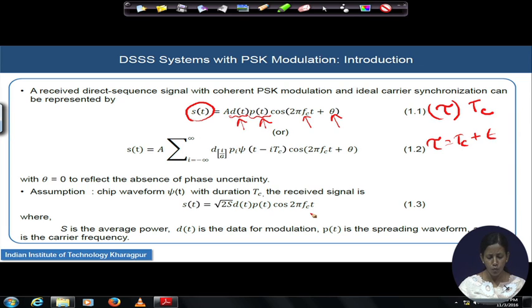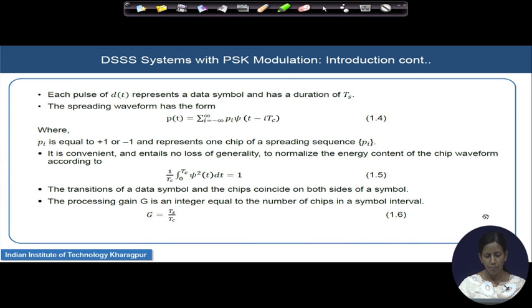Moreover, if the chip waveform ψ(t) with duration Tc is present in the received signal, which will be modeled later as a rectangular waveform, we come down to equation 1.3 where θ is not present. See, this A is now replaced with the square root of 2S. S is the average power of the received signal, and the rest of the symbols we have already discussed.